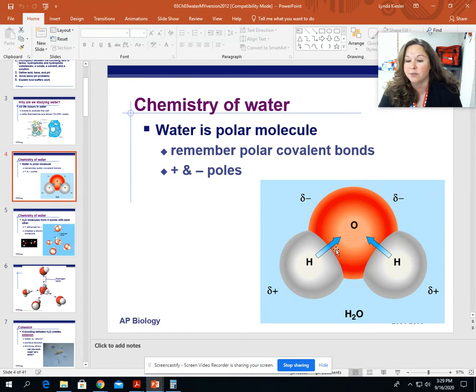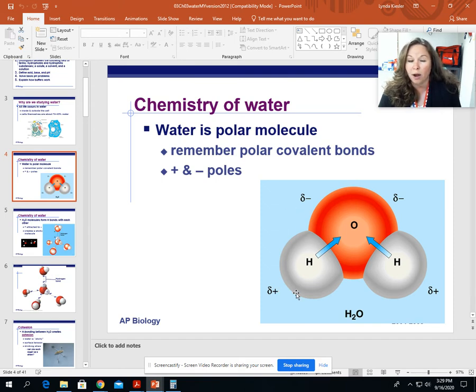That's what these arrows mean here. So oxygen becomes a little bit more negative. It has a net negative charge. And hydrogen, because it spends less time with those electrons, is said to have a net positive charge. So those are called poles, a negative pole and a positive pole.